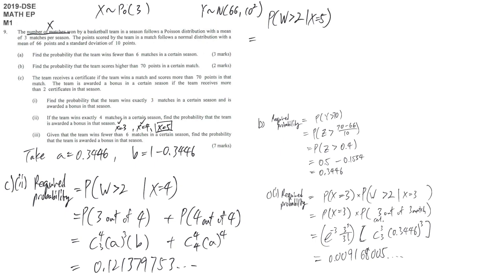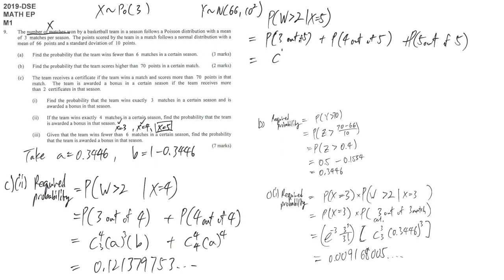Again, we separate into 3 cases. W equal to 3, that means we get 3 certificates out of 5 matches. Or we may get 4 certificates out of 5 matches. Finally, we may get all certificates out of all 5 matches.